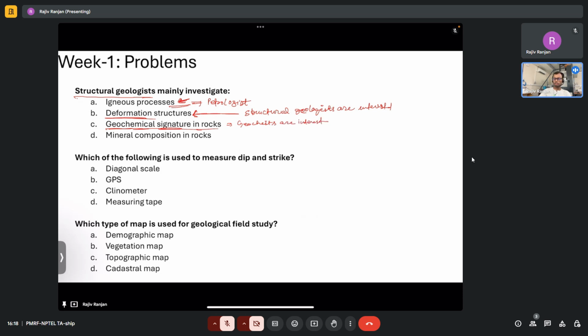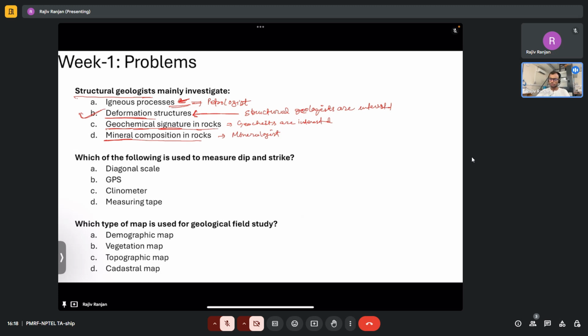I mean, we are too, but as structural geologists, our main investigation is on the deformation. These are supportive evidences. And mineral compositions, we know these are for mineralogists. So, option B is correct. We'll move to the next question.